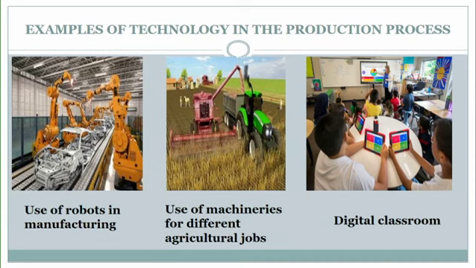Examples of technology in the production process are the use of robots in manufacturing, the use of machineries for different agricultural jobs, digital classroom, and others.